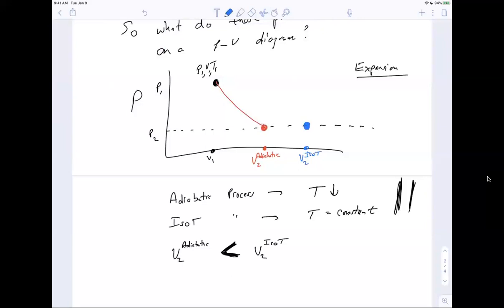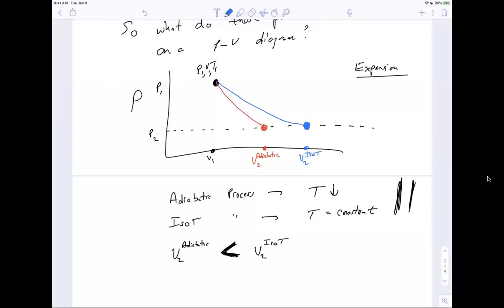Okay, so let me draw the curve. Maybe then that'll help you. It's not a straight line, it's a curve. Now would you change your mind about the slope of the two lines? Which one do you think has a higher slope? Adiabatic. The adiabatic, right?